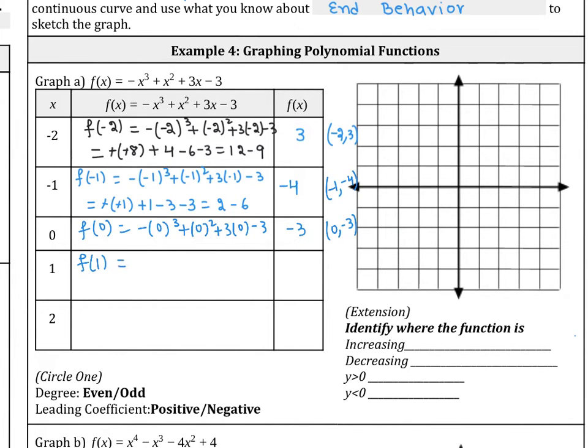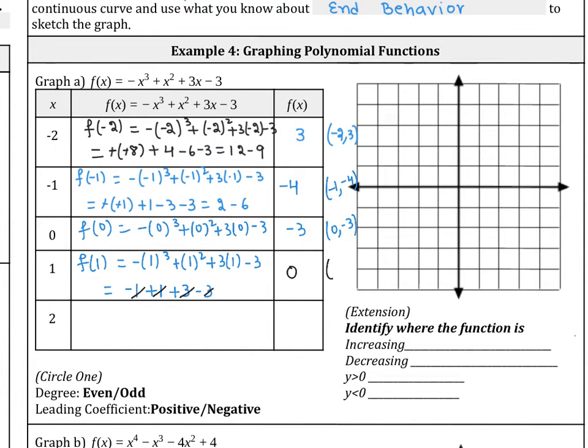And then you're going to use x as 1. So -1 cubed plus 1 squared plus 3 times 1 minus 3. That's -1 plus 1 plus 3 minus 3. When you solve this, the negative and positive cancel. The answer is 0.